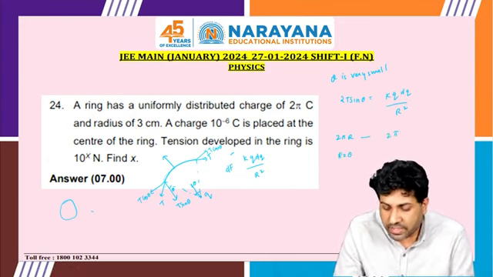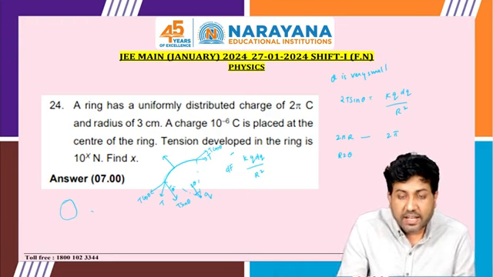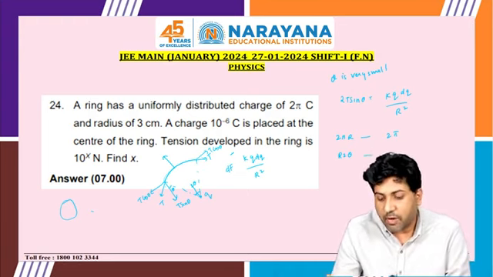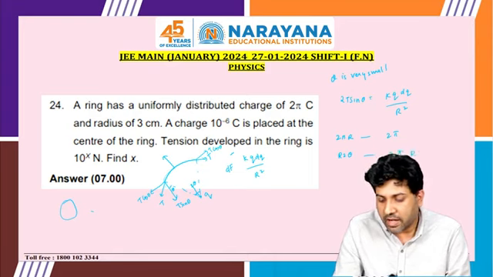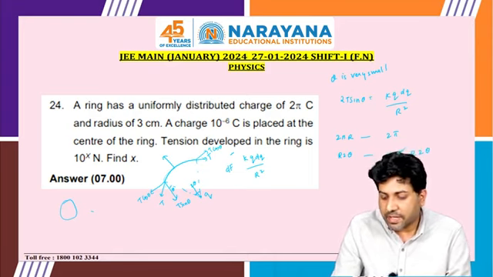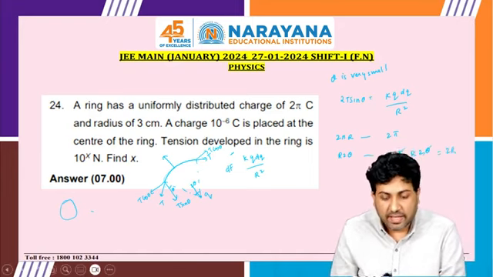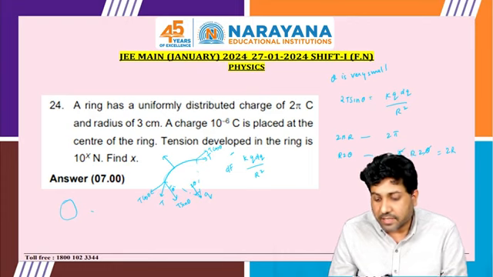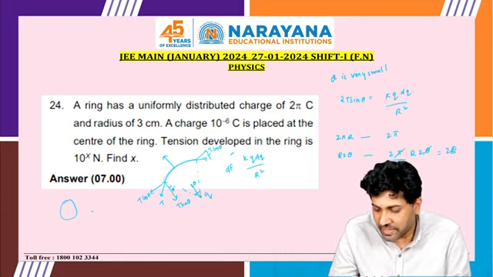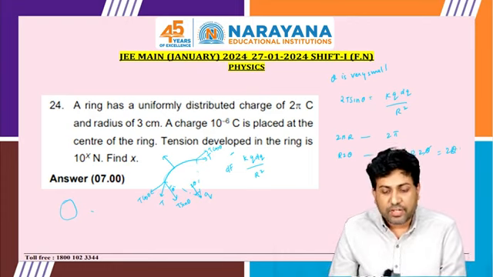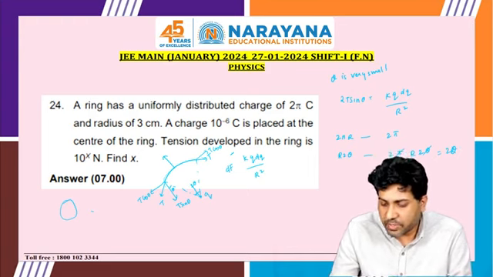That means r into 2 theta, the length of this element, will have how much charge? It will be 2 pi by 2 pi r into 2 theta. 2 pi r cancel. Sorry, not 2r, 2 theta. 2 theta amount of charge we have.